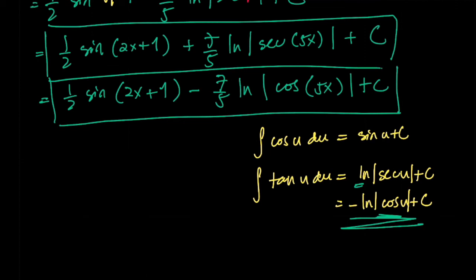So, let's have another example of trigonometric functions. Let's have the integral of secant raised to the 4th power x times tangent x dx. Now, the same as our other examples, the first thing that we are going to do is find out if there is a formula that fits this.